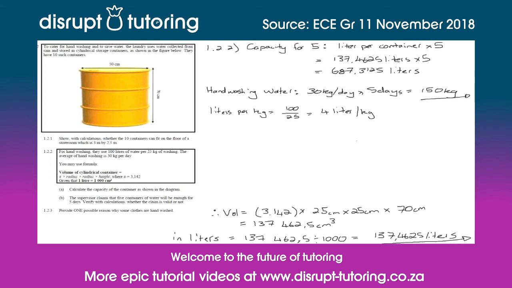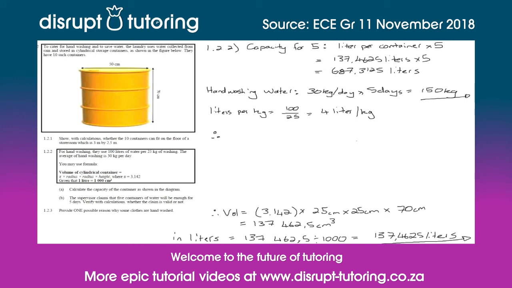So we use 4 liters of water for every kilogram of washing. And now we know that we have 150 kilograms of hand washing. So now we can calculate how many liters are needed.